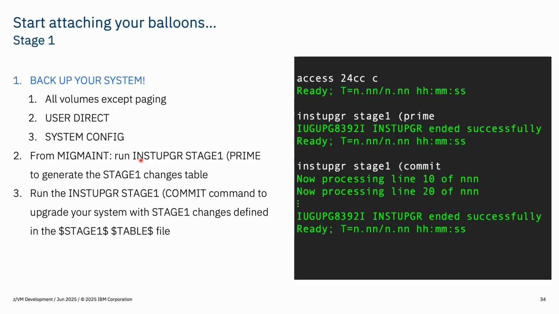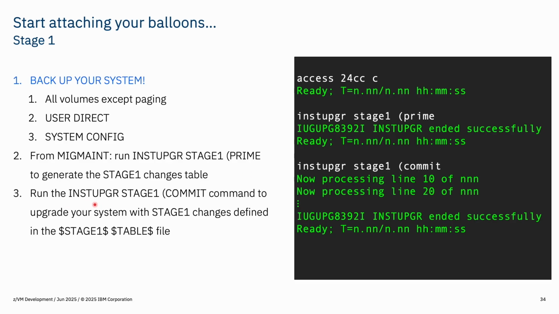From MAINT, then you'll run INST UPGRADE STAGE1 PRIME. This generates the stage 1 changes table, which tells your system of all the changes that it's going to need to make during stage 1 of the upgrade. Again, you can still have production running while stage 1 of the upgrade is processing.